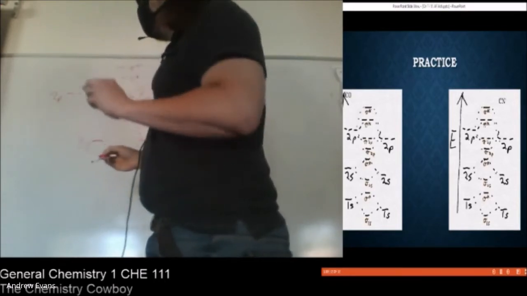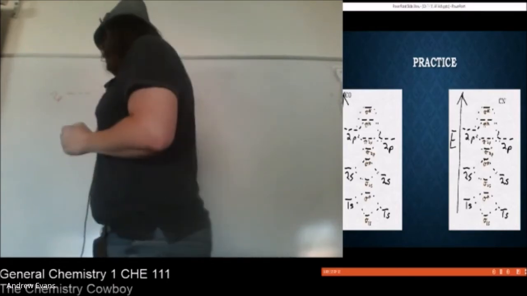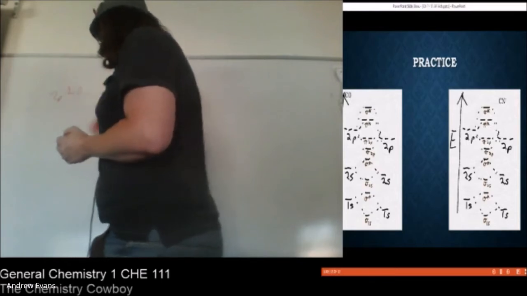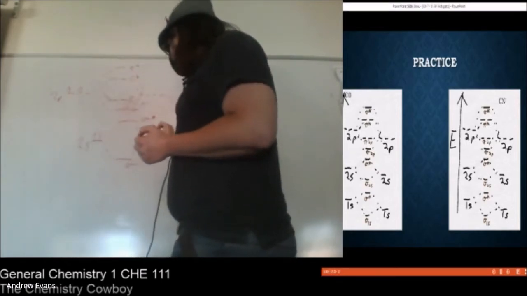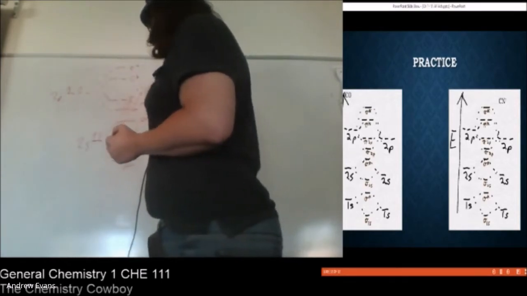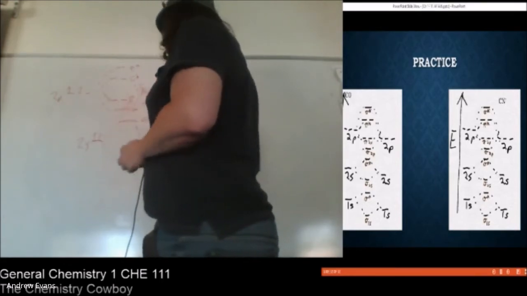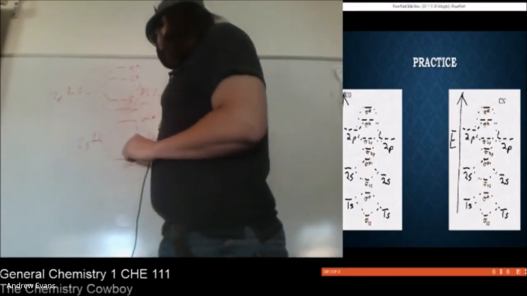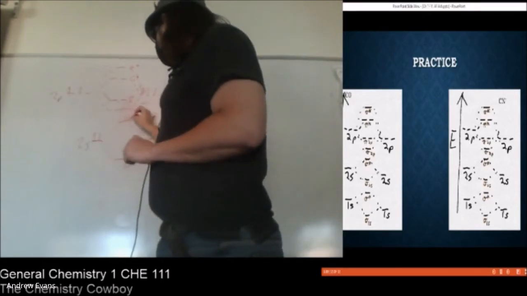Now, C has 4 electrons in the valence: 1, 2, 3, 4. Oxygen has 6 in the valence: 1, 2, 3, 4, 5, 6. So filling the electrons in, 1, 2, 3, 4.